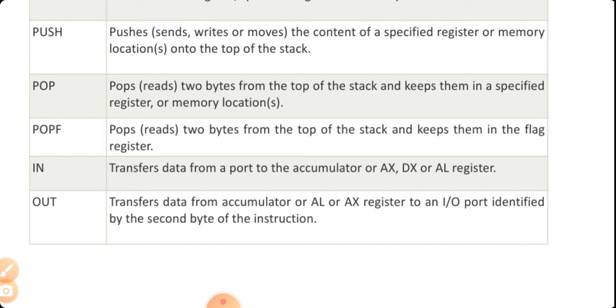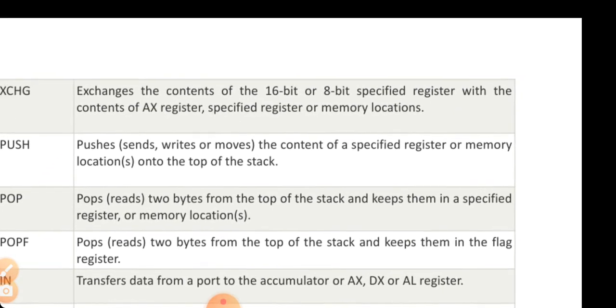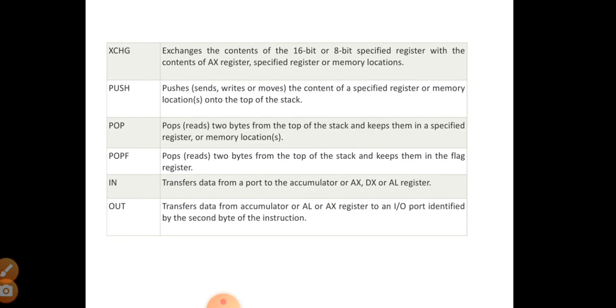Now OUT register transfers the data from the accumulator or AL or AX register to a port. Means the process goes on opposite to the IN instruction. Okay, so all these instructions come into the category of data transfer instruction.